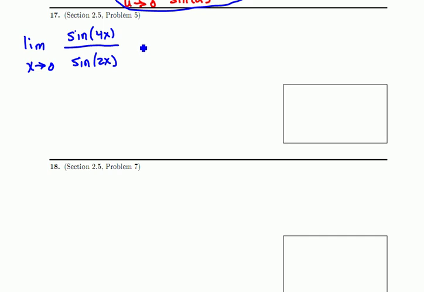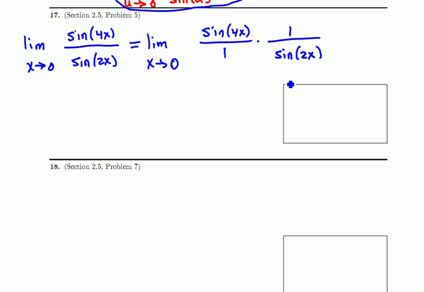Let me first show you how to work this problem by using the special limit that we have in this section. So to do that, I'm going to break this expression, sine 4x over sine 2x, up into two pieces. So first let me rewrite it in this form. Sine of 4x over 1 times 1 over sine of 2x.